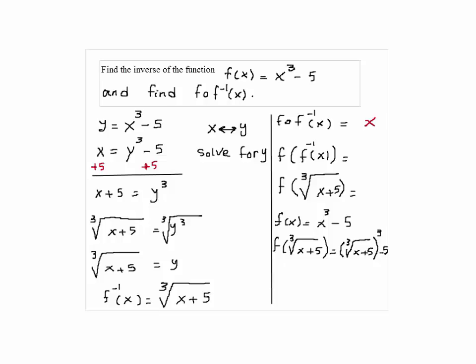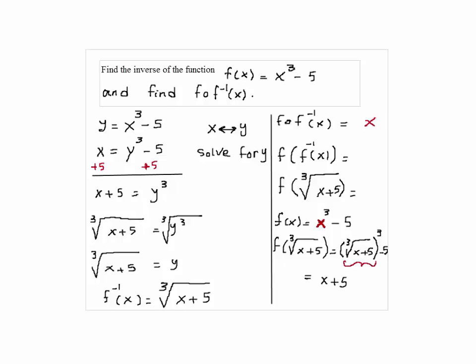Let me make sure we can follow this. In this case, again, everywhere I see x, I'm going to substitute this expression here. So if I evaluate this, this would be equal to x plus 5.